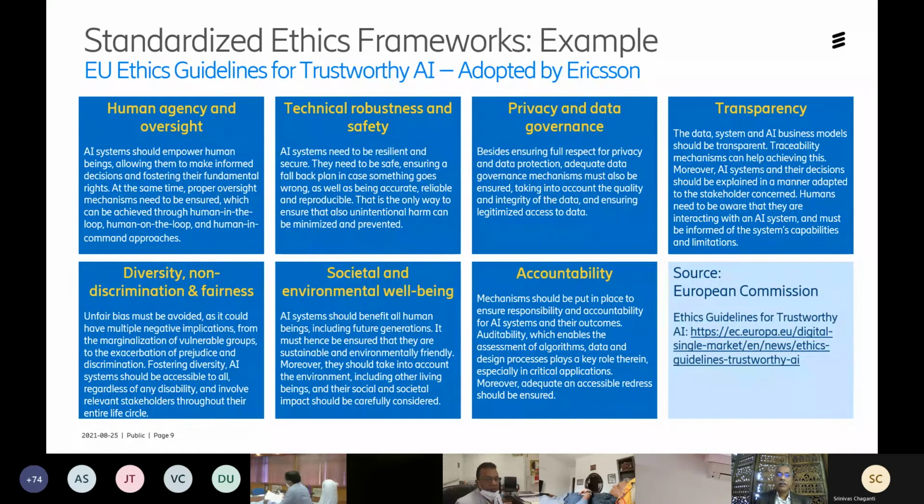And in the way Ericsson has adopted AI/ML into its products, services, and solutions, these form the bedrock of how we look at AI/ML. And these have been integrated into something that we call generic product requirements, or GPRs, and we check our AI/ML capabilities against these considerations.